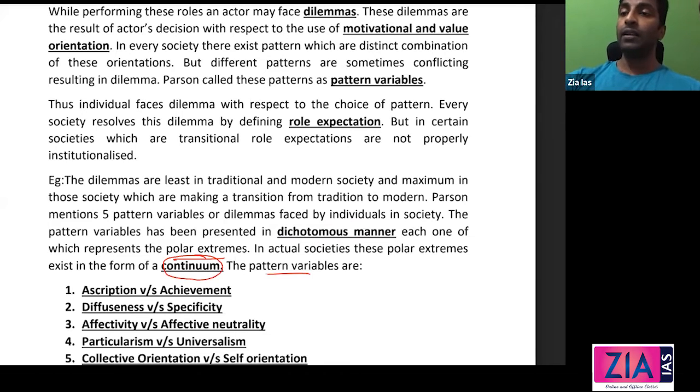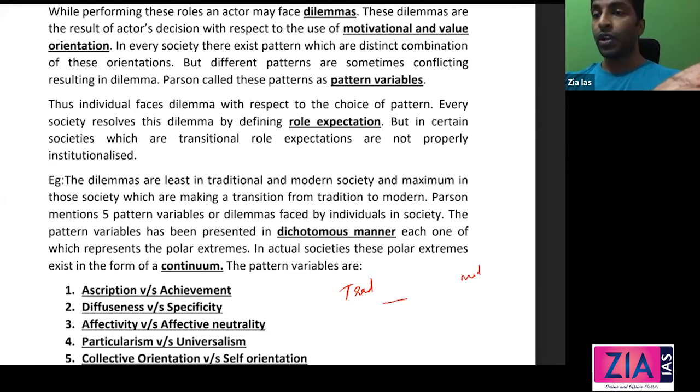I hope you understood what is dichotomous manner. When I say traditional, modern, that is dichotomy, opposites. When I say continuum, it's like this: this is traditional and this is modern. Guys, this word you will see again and again later also in sociology. Continuum means you cannot define any society as completely traditional.